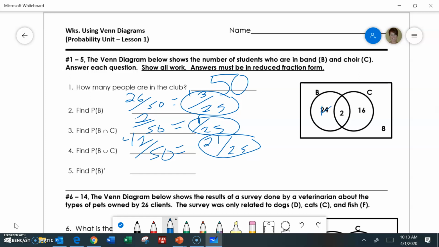We can't use the 2 because they're in band or choir. Well, that counts for band. So we want to take the 16 that are just in choir and the 8 that are not in either one. So 16 plus 8 is 24. And 24 out of 50 reduces to 12 out of 25.